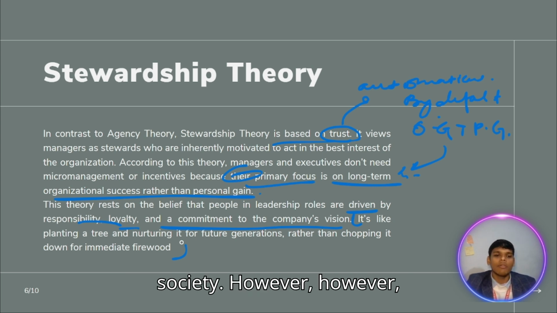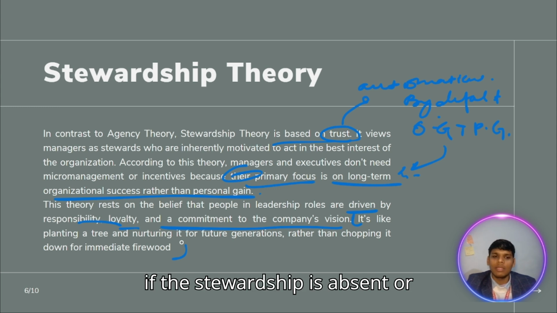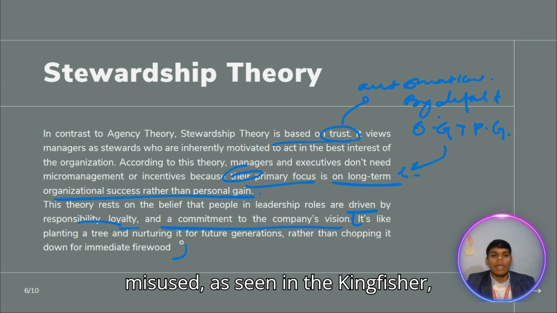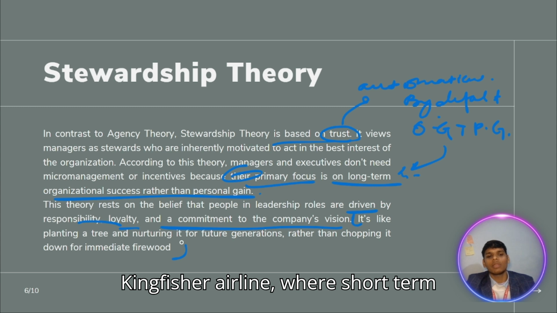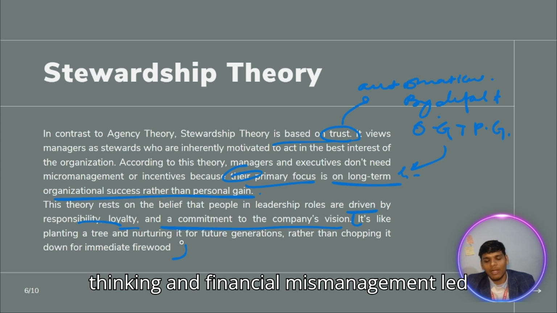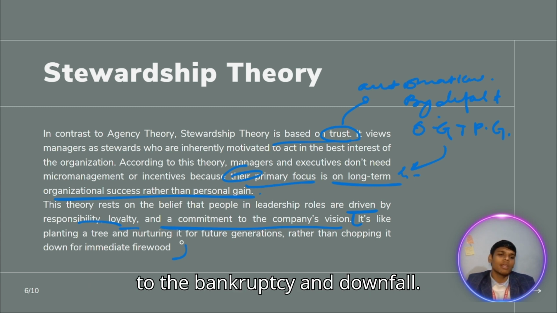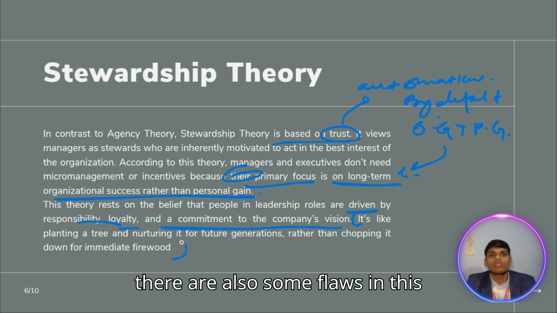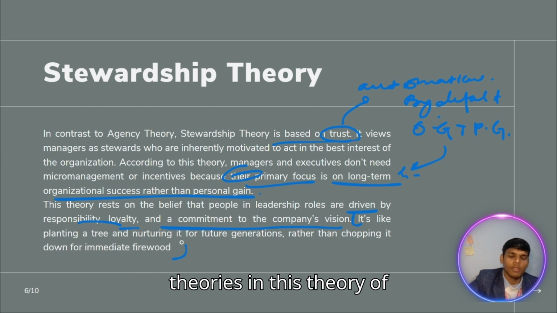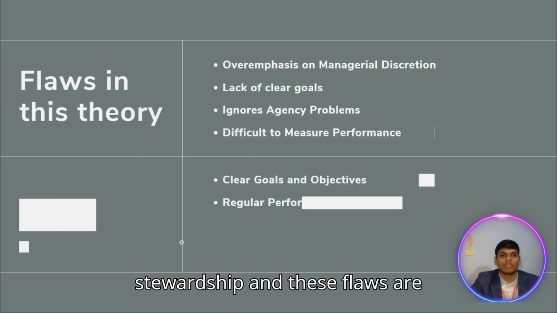However, if stewardship is absent or misused, as also seen in Kingfisher Airlines, short-term thinking and financial mismanagement led to bankruptcy and downfall. As with every other theory, there are also some flaws in the theory of stewardship.